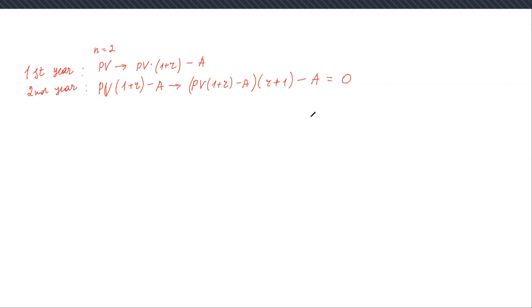And from this equation, we should find PV, present value. So please, to begin, move this A to the right side.